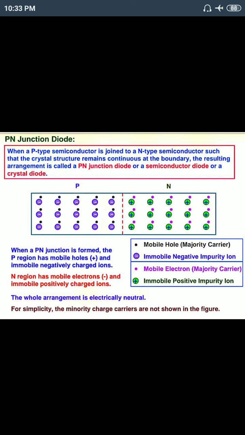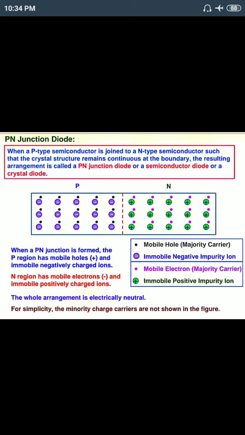Whenever we do not apply any external electric field, that is called unbiased condition. Unbiased means no external electric field is provided. For this diagram we did not draw the minority carriers, otherwise it is very difficult for us to understand. Okay, so what happens when the p-n junction diode is formed?